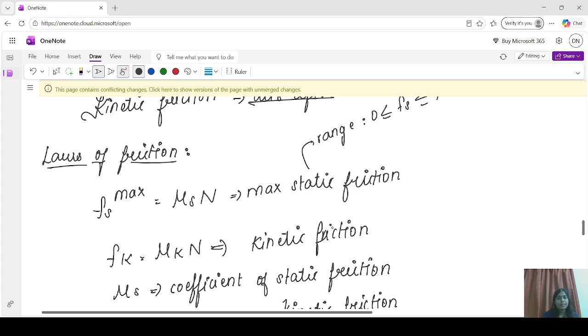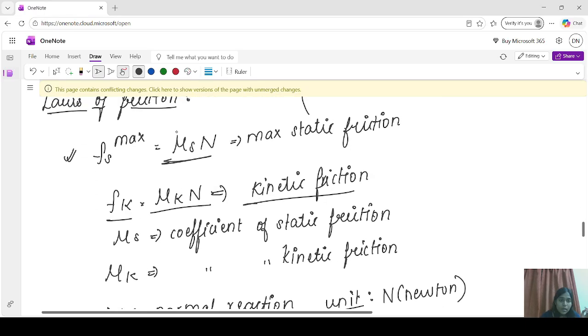Now, laws of friction. At the state of maximum static friction, the formula is Fs = mu s N. And at the state of kinetic friction, the formula is Fk = mu k N. Now, what do mu s, mu k, and N represent?